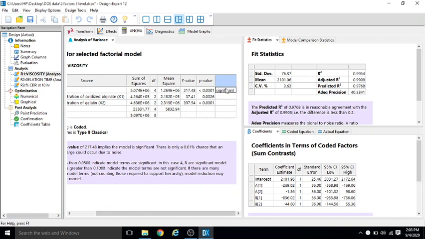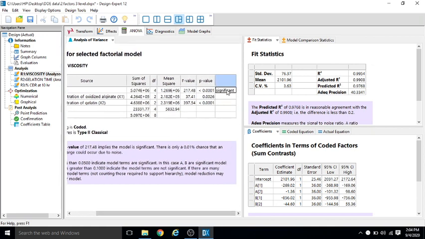This means that the raw data which you have collected is proper, is in sync with the theoretical knowledge, and there is no need to carry out this experiment again, because whatever data you have recorded is very much in synchronization with the theoretical knowledge available. Okay, so the model is significant.